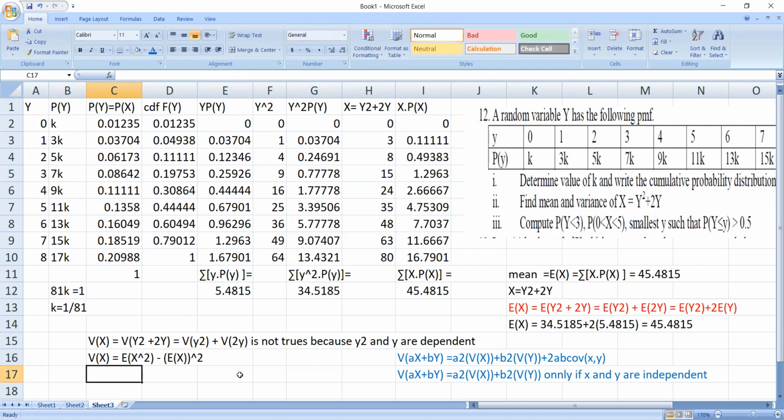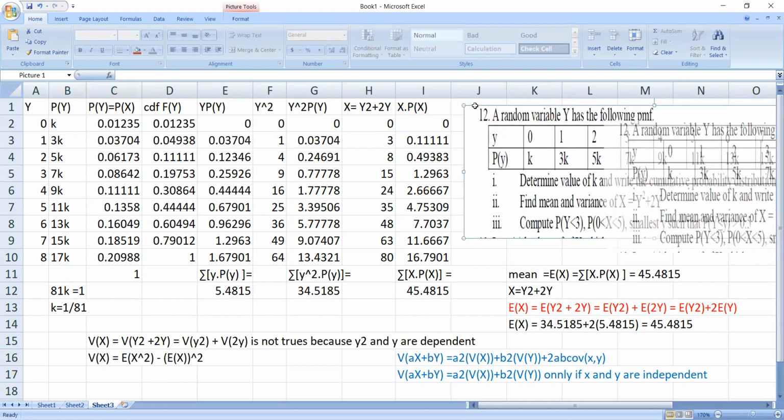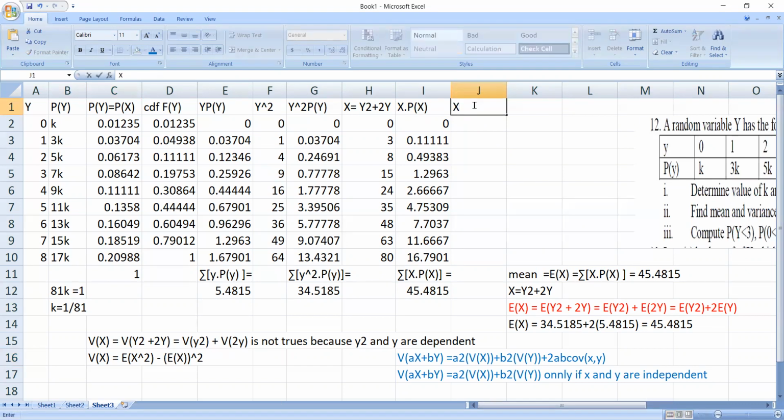So E of x we have; now compute E of x square. For E of x square, you need the square of x as well as the product with px.